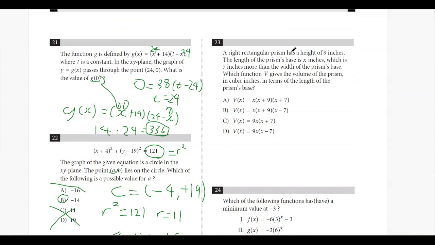The right rectangular prism has a height of 9 inches. The length of the prism's base is x inches, which is 7 inches more than the width of the prism's base. Which function V gives the volume of the prism in cubic inches in terms of the length of the prism's base? So we know that the height is 9 inches.